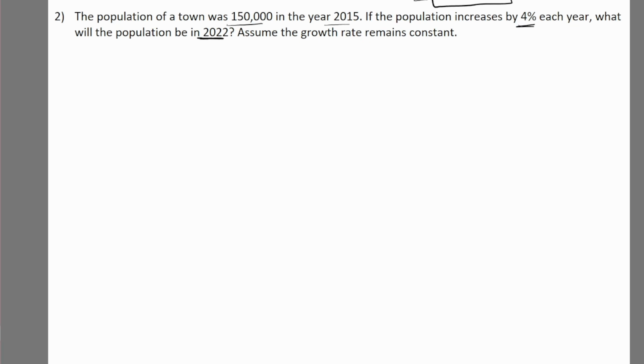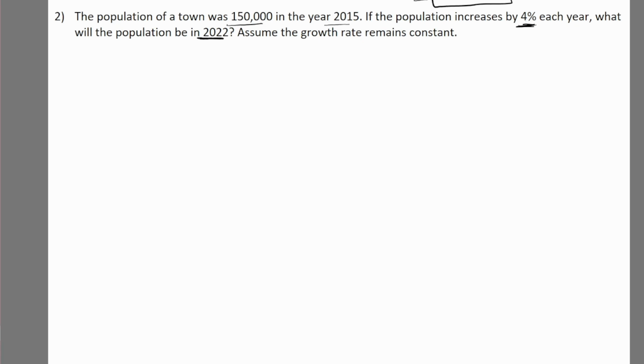Okay, so here's the thing. Firstly, you need to understand that this can be solved based on the appreciation or the compound interest rule. And the reason for that is because every year the population increases by 4%. This 4% is based on the current population.